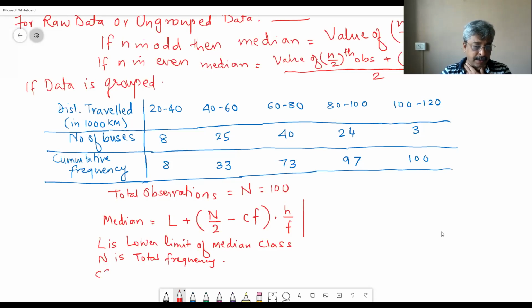CF is the cumulative frequency. Then H is the width of the median class.